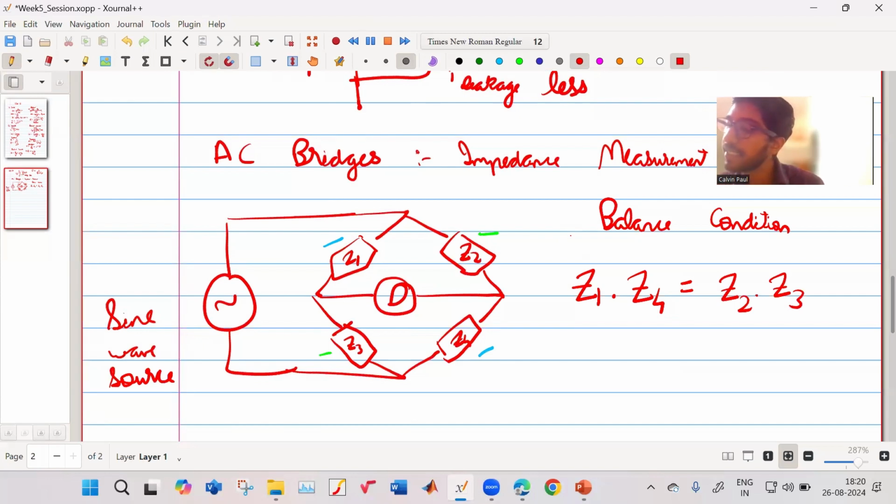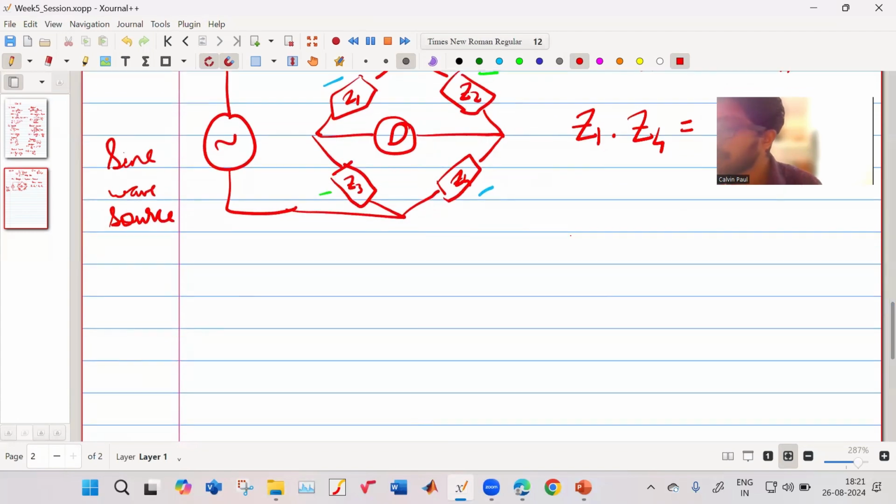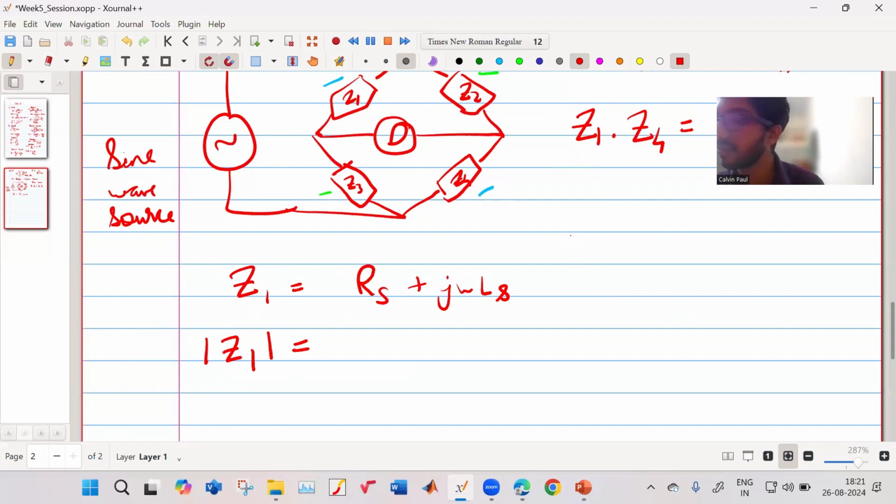But when you come to impedance, it is more complex. It has a real part, an imaginary part, etc. So let us say my Z1 is a practical inductor. So it has Rs plus j omega Ls, right? Now, what is the magnitude of Z1? That is the square root of Rs squared plus (omega Ls) squared.